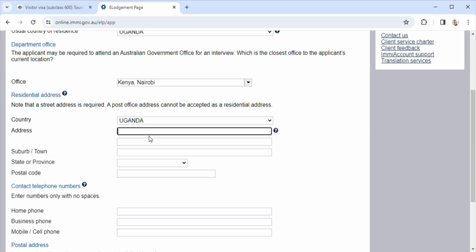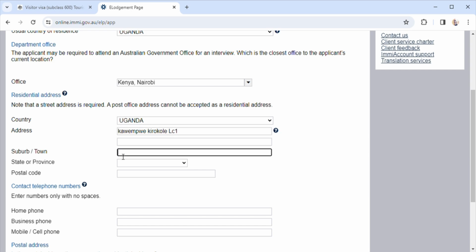Maybe Kawempe. Then you say suburb or town, you put Kampala.